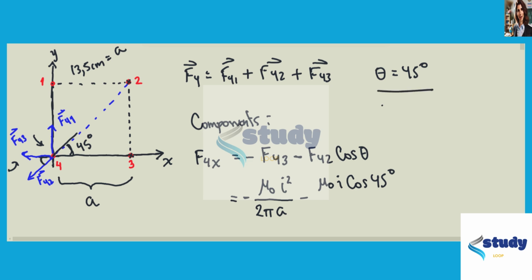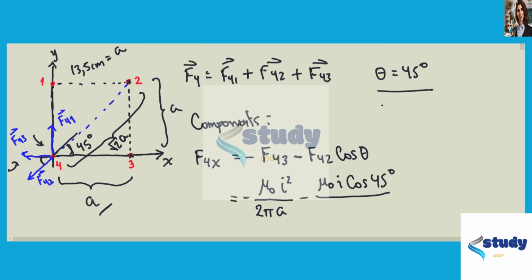over the distance, 2 pi times the distance to wire 2. The distance from point 4 to point 2, we can calculate by just using the hypotenuse. We know that this in here is a, and this in here is a. So the hypotenuse is the square root of 2 times a.